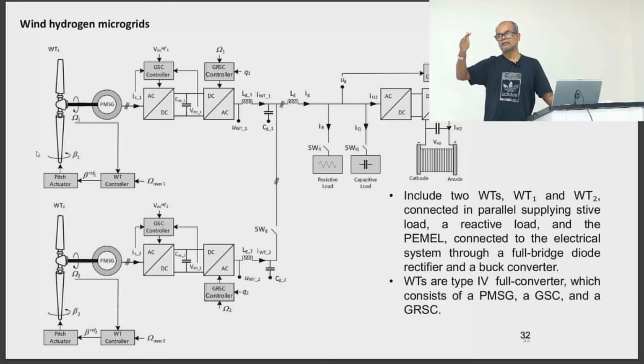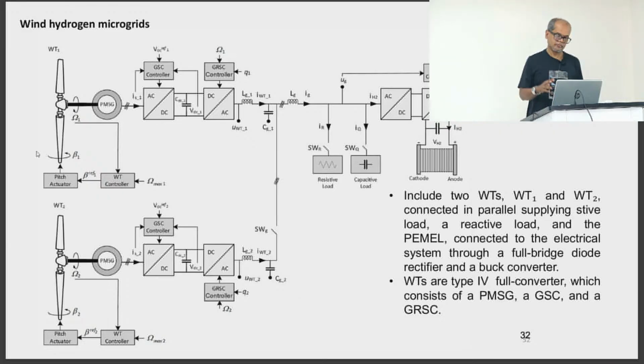Sometimes we sense the pitch just to make sure that you capture maximum energy available from the wind. And sometimes, if you have very high wind, that helps even slightly for protection purposes as well.